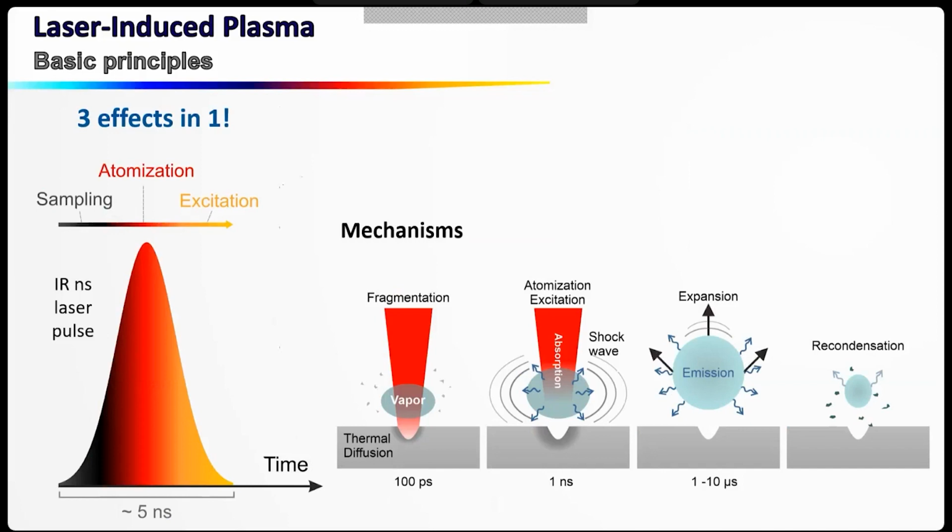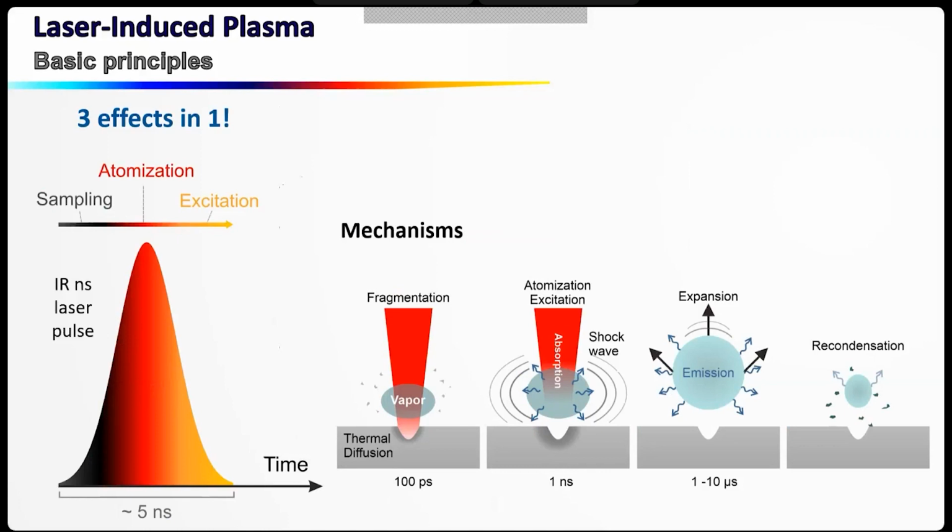It's in general micrograms, not too much, and we will see that we can go much below this microgram later. And this matter will be atomized by the photons of the laser pulse and then excited. So these 3 phenomena will arrive almost simultaneously from only one laser pulse.